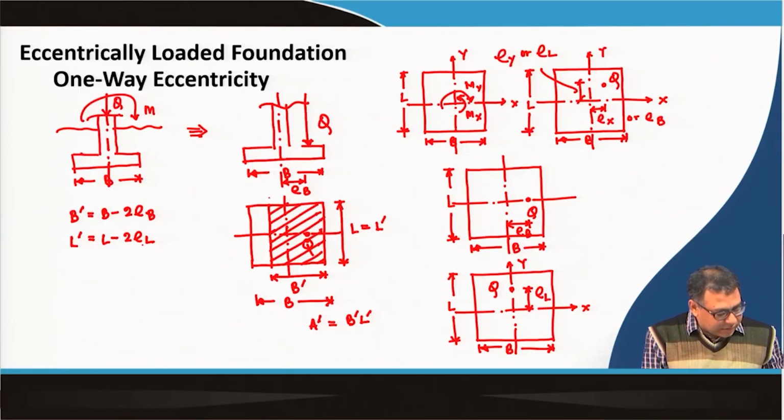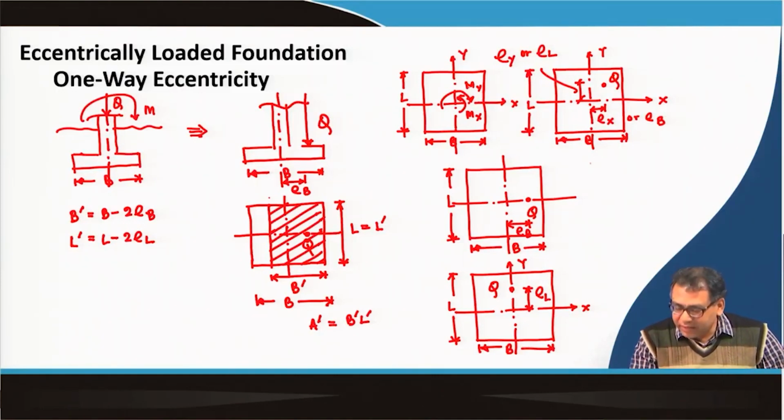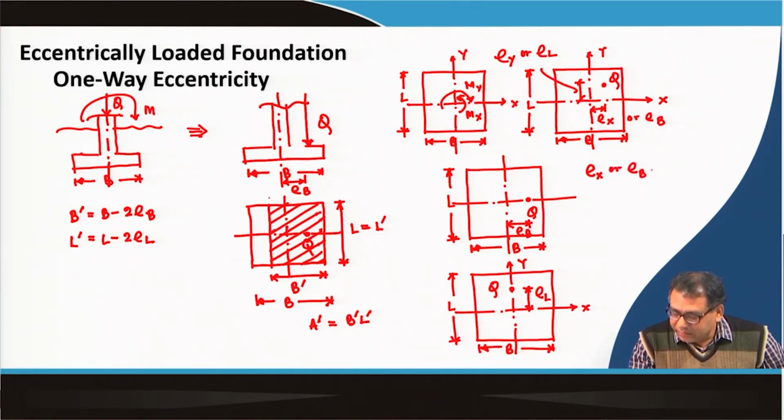Now, in terms of moment, how can we calculate the values? Suppose we have a moment m x and m y. Then E x or E b will be equal to m y divided by q.